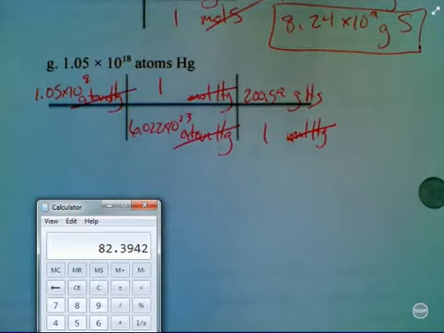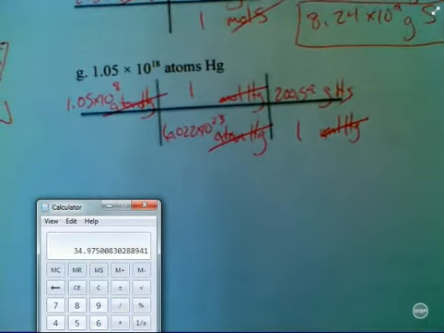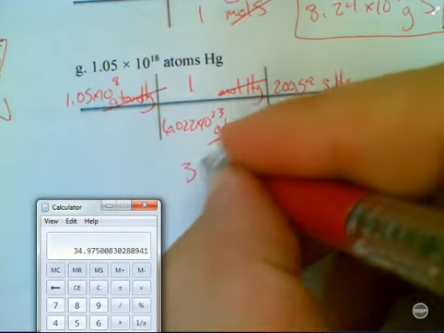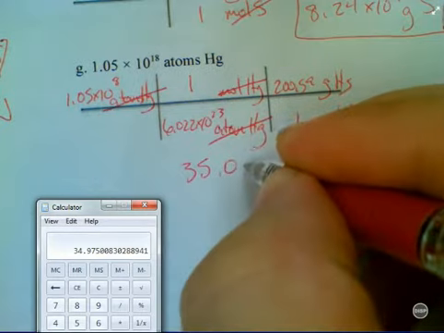And it's time to calculate. 1.05 times 200.59, and I'm going to divide that by 6.022. I'm going to want 3 significant figures, so I'm going to have to do 35.0.